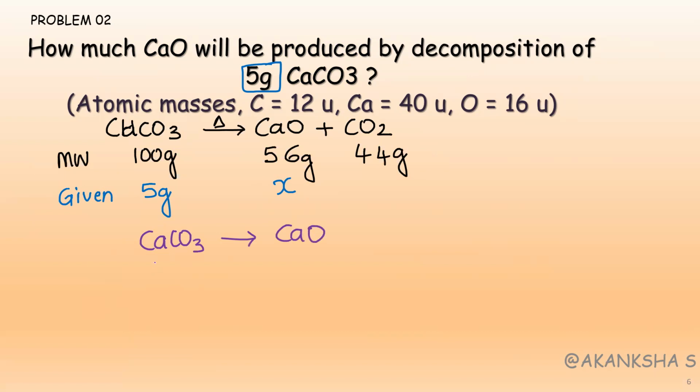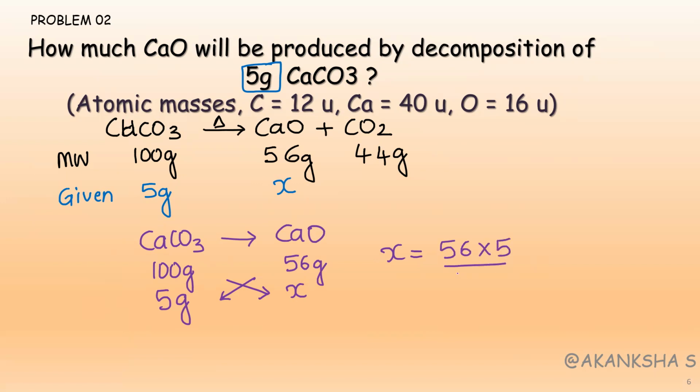First write the molecular weight, 100 gram, 56 gram. Then write the given weight, 5 gram and x gram. Simply cross multiply. Okay, so x would equal 56 into 5 upon 100.